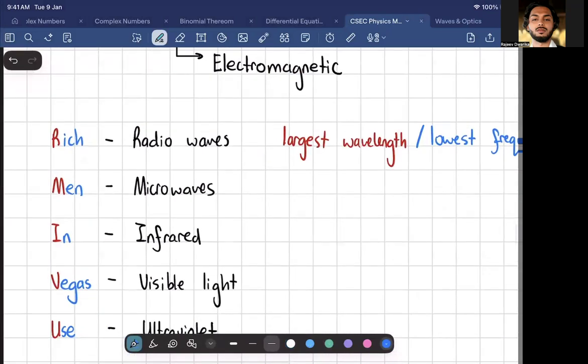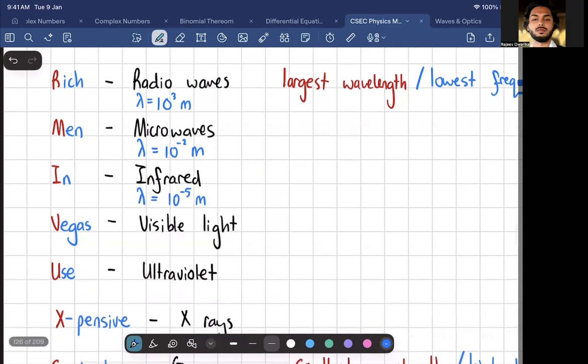So the wavelength for radio waves, lambda here, is going to be equal to 10 to the power 3 meters. The wavelength for microwaves is going to be 10 to the power minus 2 meters. For infrared, 10 to the power minus 5 meters. For visible light, it's going to be 0.5 by 10 to the power minus 6.